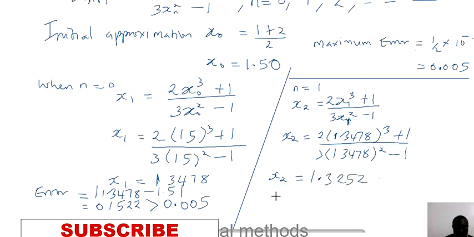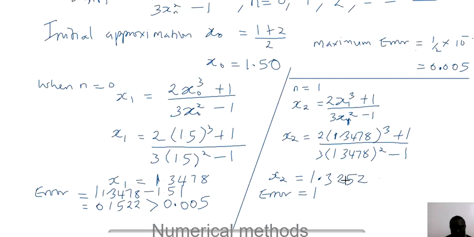So here again, when you simplify, x2 is going to be equal to 1.3252. After that, we get the error, which is the magnitude of the consecutive roots. Here we had the initial root, and we got the error as the approximate value minus the initial root. Next is going to be x2 minus x1.